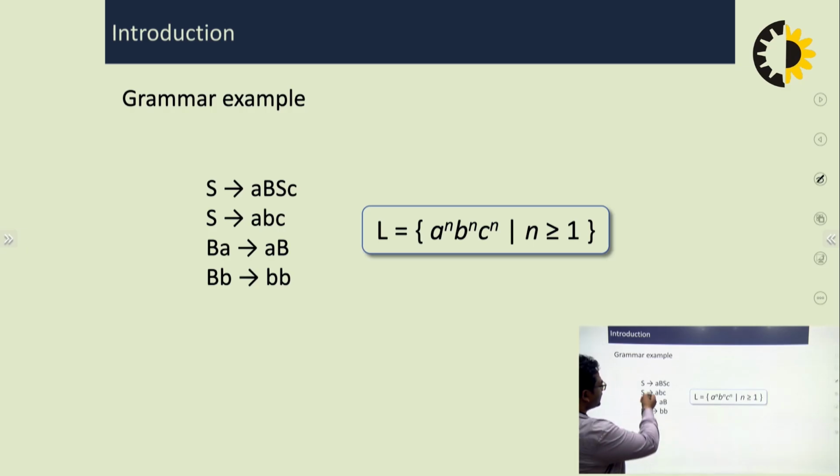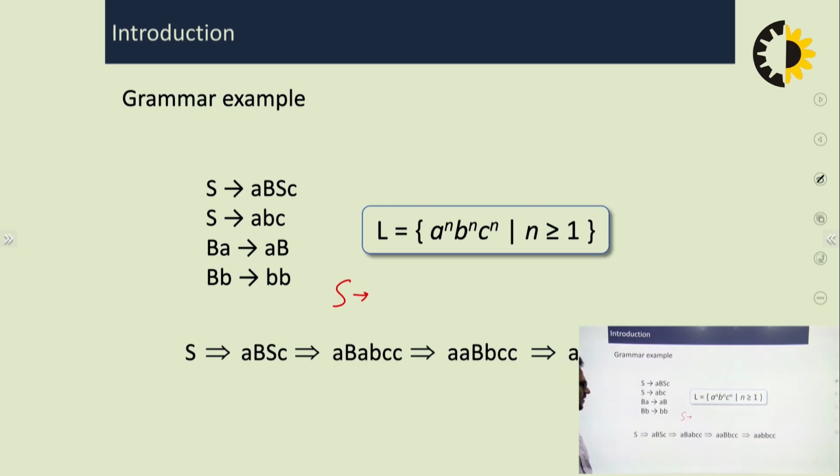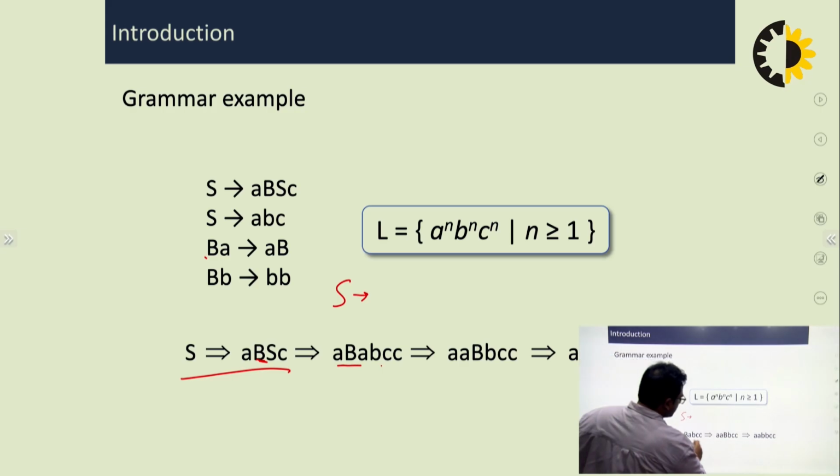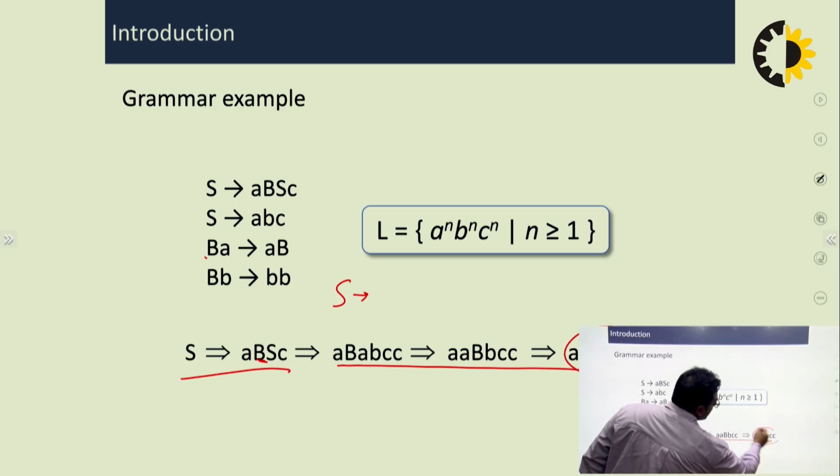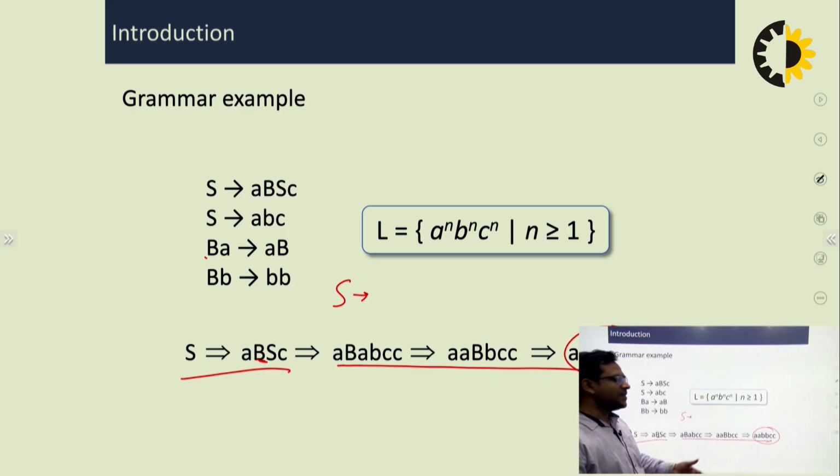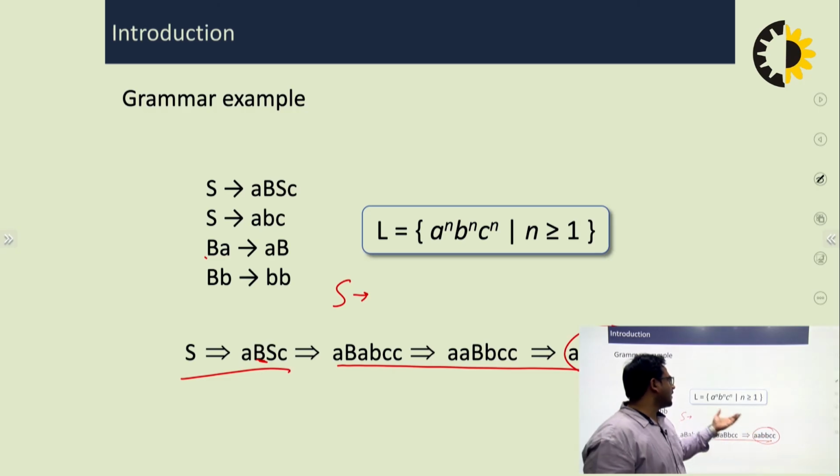You can see this example: we use the first production, replace the S value, put in the values, and at the end generate a string.